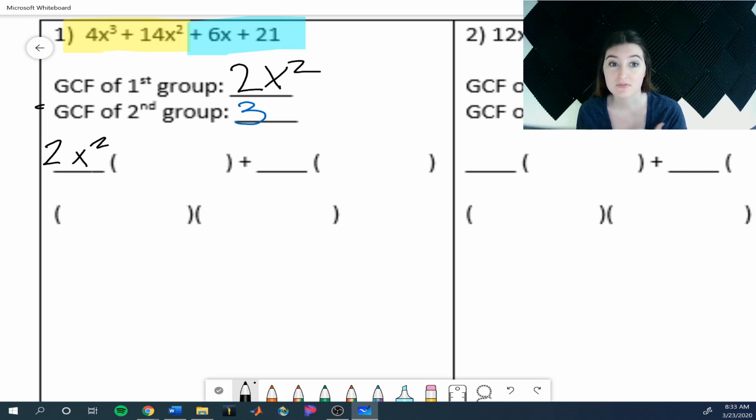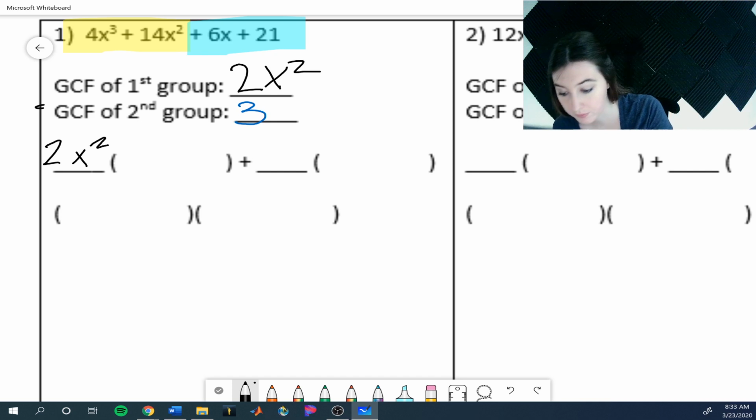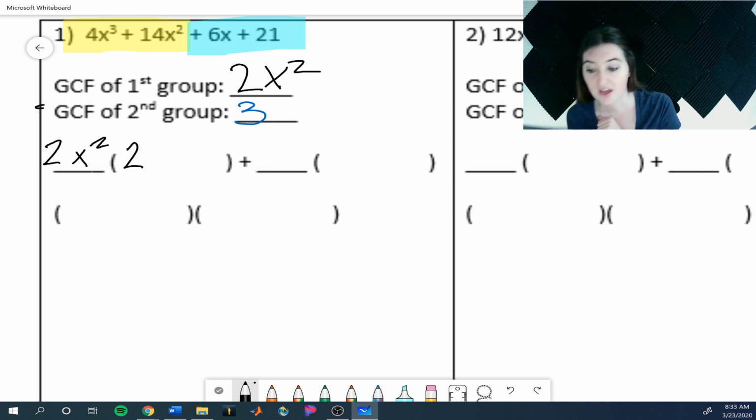I've got to divide out or factor out my GCF. So 4 divided by 2 is 2. If I have x cubed and I take away x squared from x cubed, so that means I have 3 x's, and I'm dividing out 2, I'm left with 1x.